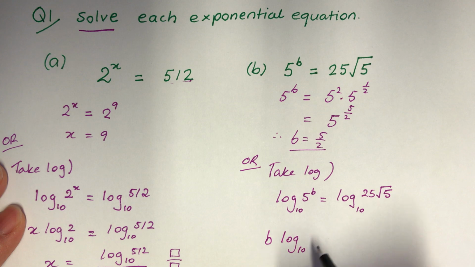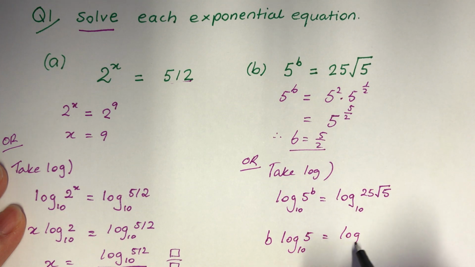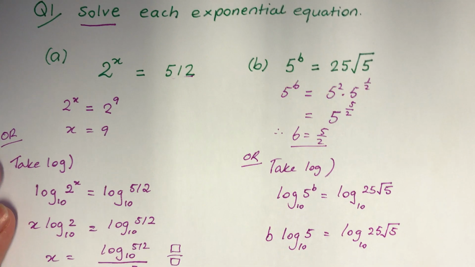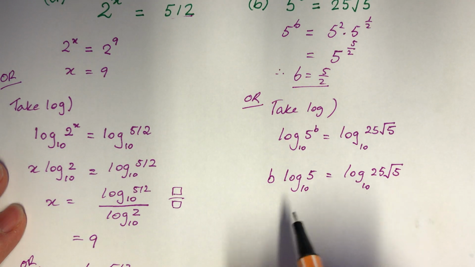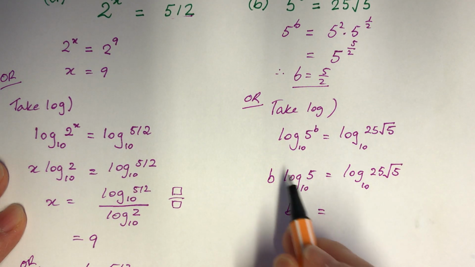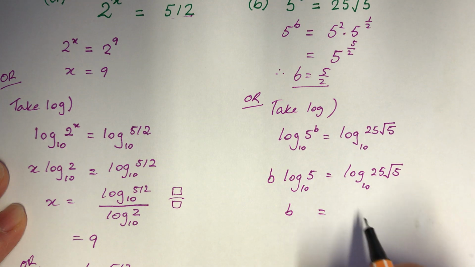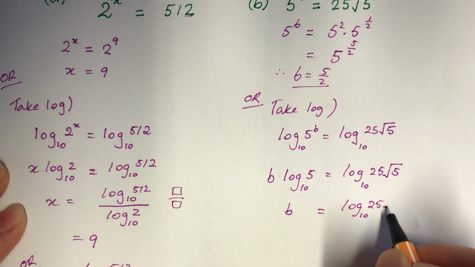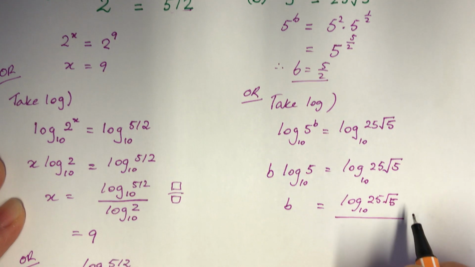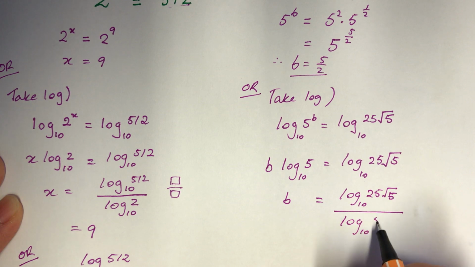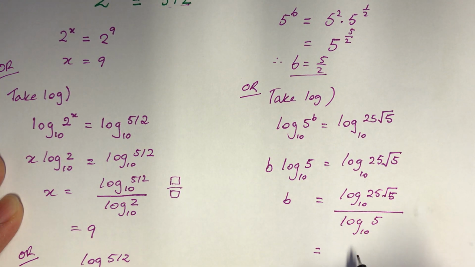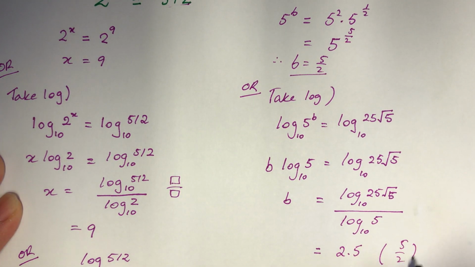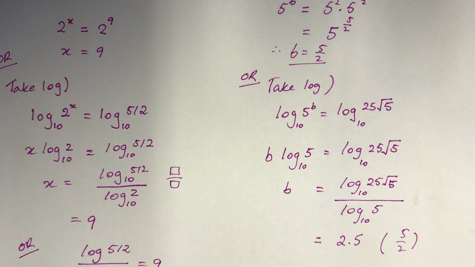Then I can make b the subject, that's what we want, so that we can find the value of b. So I'm going to divide both sides by log base 10 of 5. Make sure you write base 10 small. If you put that in your calculator, you'll get 2.5, which is the same as 5 over 2. So b is 2.5.